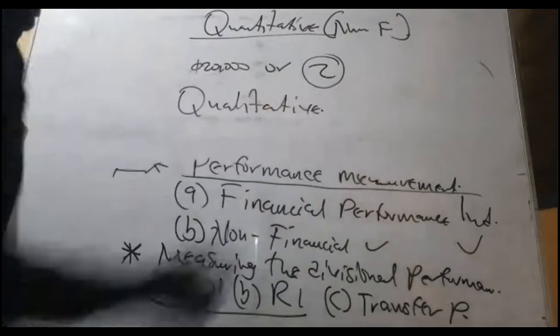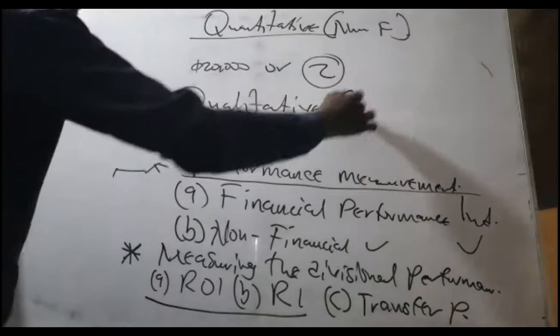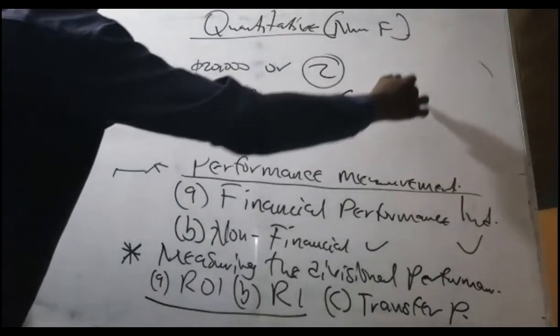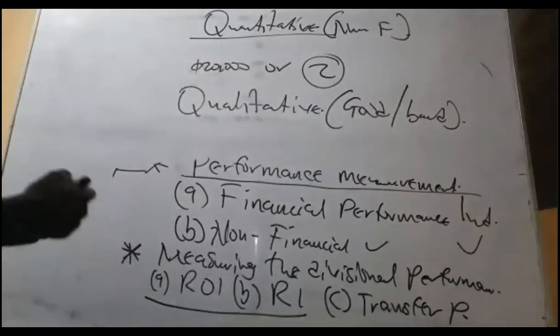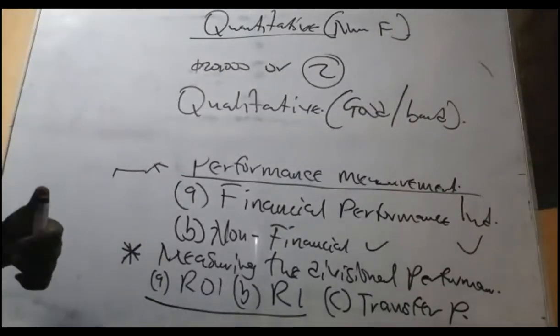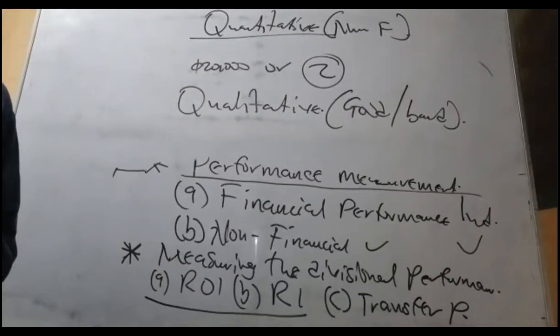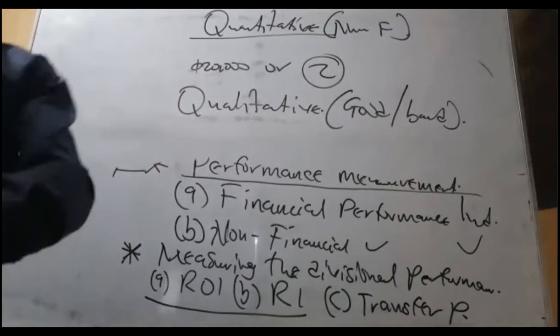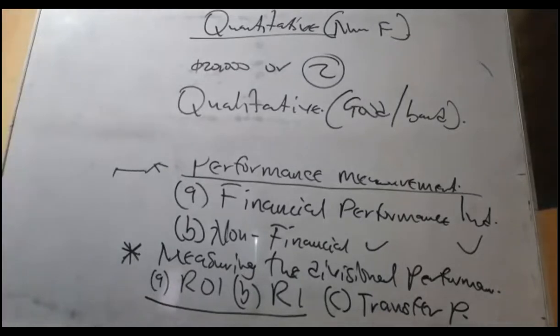Then you have the qualitative. That one you are describing. Normally we say good or bad. So I'll tell them that, in fact, the chair that I'm sitting on to render my official duty is very bad.